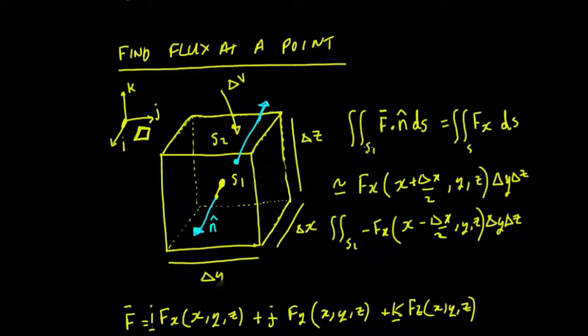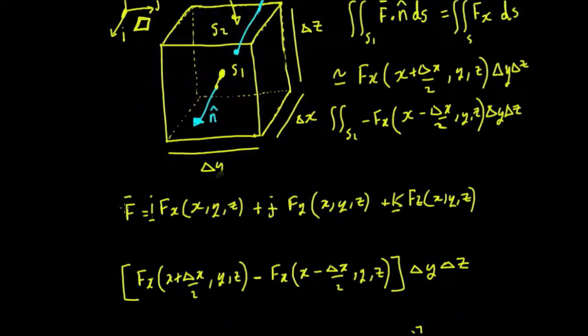Also, if we look at this surface integral over S1 of the normal component of the field, we can draw out just a vector function here, so the function has a component fx in the i, fy in the j and fz in the k.